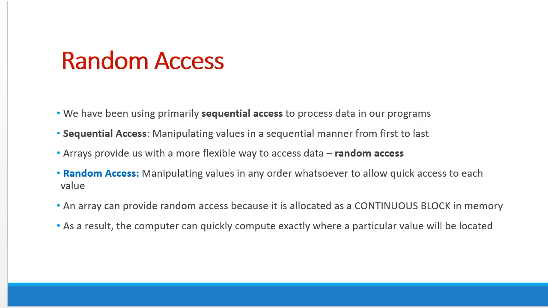So random access is another way that arrays break the rules. So far we've been using sequential access. So for example, in the scanner, we would go through from one item to the next, doing it sequentially. Now we have random access, so we can access any item that we want. And it can do it very quickly and efficiently because the array is allocated as one big block of memory.